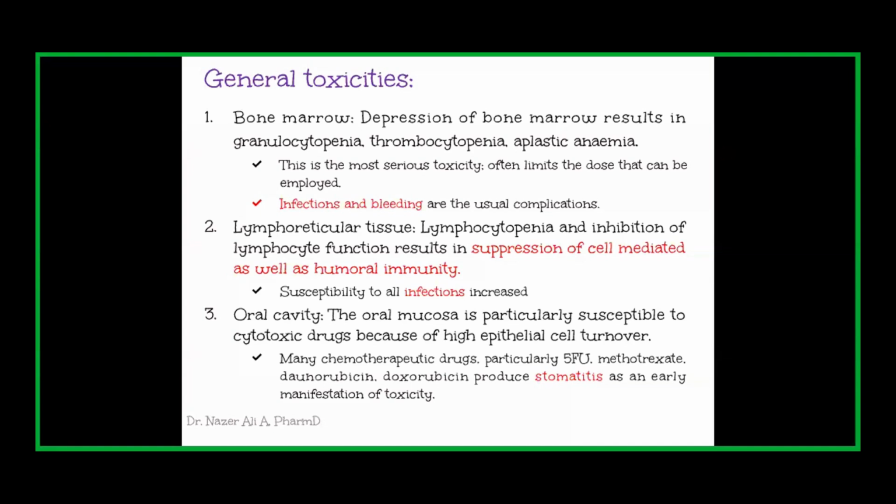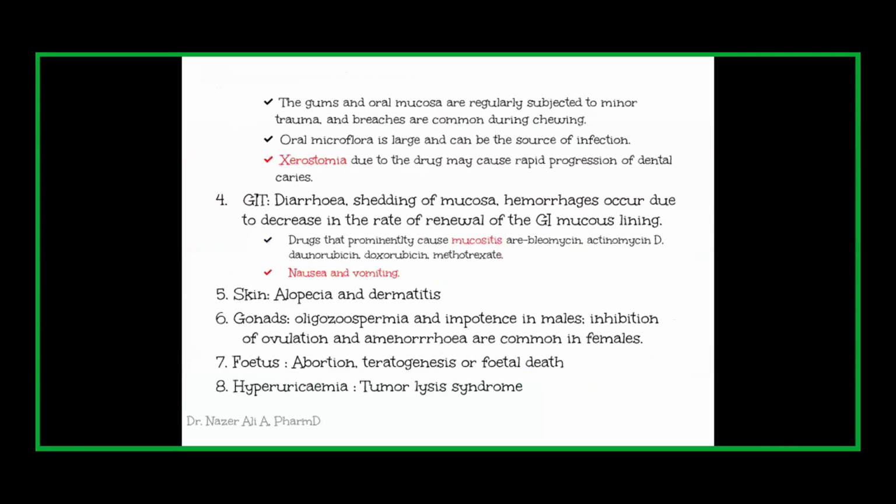Drugs like capecitabine and 5-fluorouracil will produce mucositis, ranging from the oral mucosal membrane to the entire GIT. There will also be stomatitis, mouth sores, that the patient used to have. So, bone marrow suppression, more prone to infections, and oral mucositis.